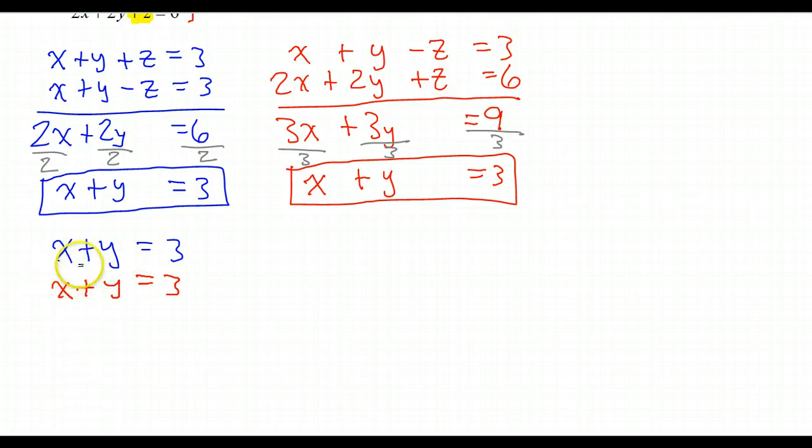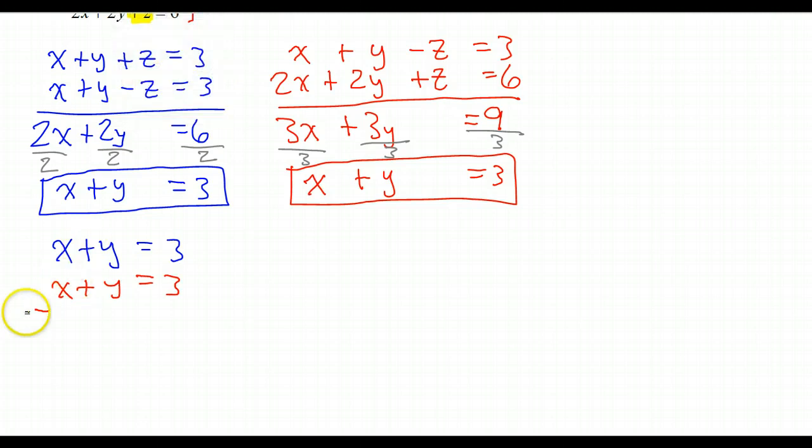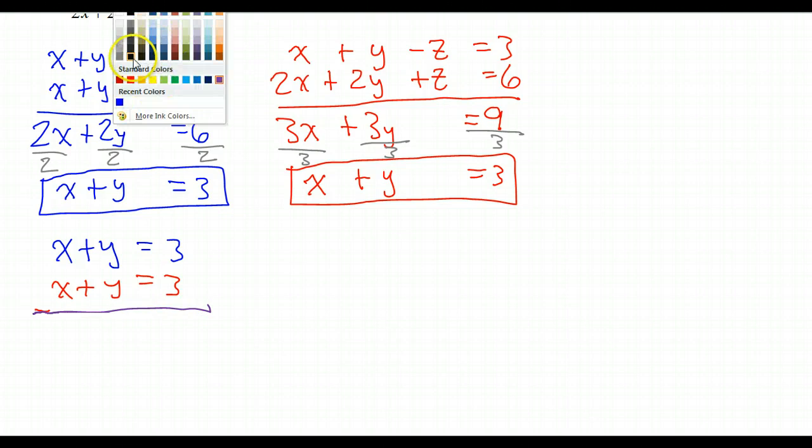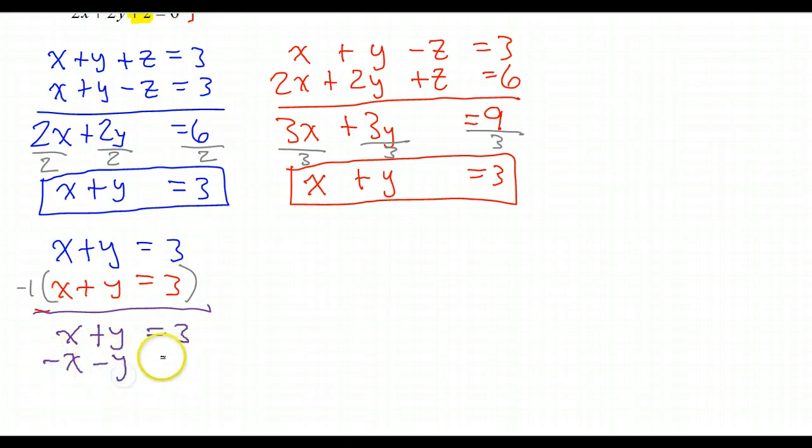But as soon as I tried to multiply by something to get opposites that would cancel, you can already imagine what's going to happen. So for example, if I decided to multiply this bottom equation by -1, I've got x plus y equals 3 from the top equation, but then I've got -x minus y is equal to -3 from the bottom equation.